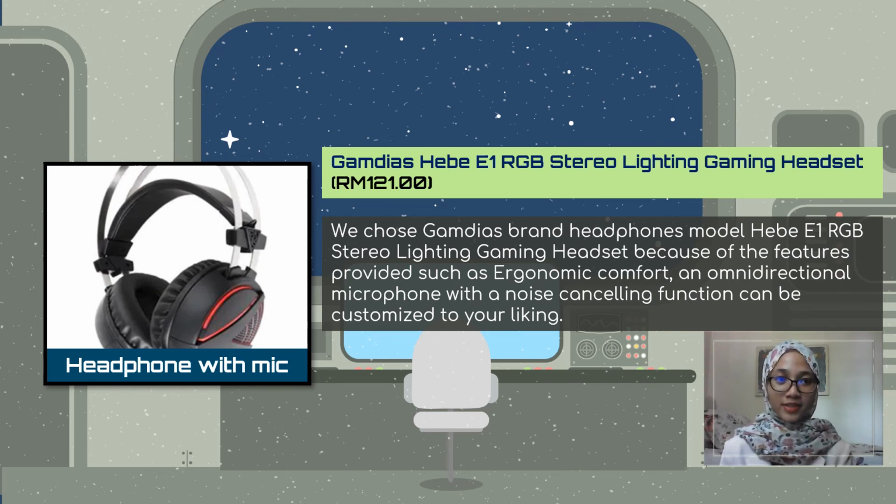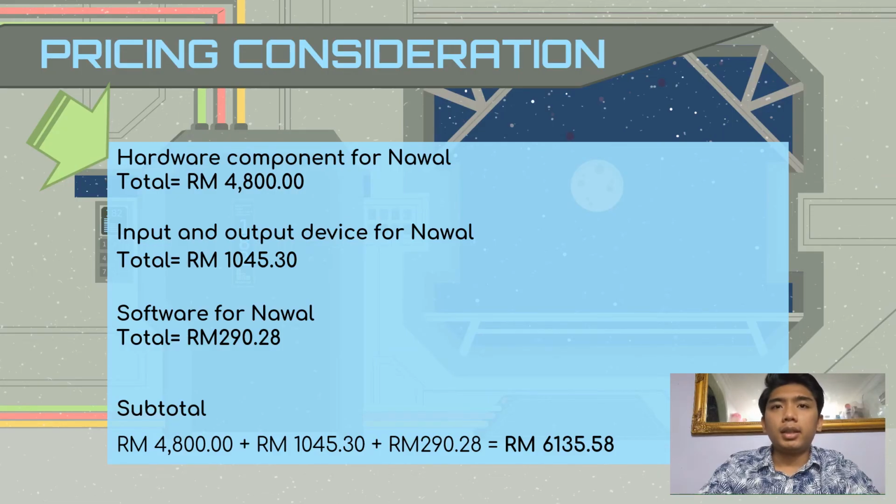Okay, for the pricing consideration, the first one is hardware component for Nawal, which the total is 4,800 ringgit Malaysia. And for the input and output device for Nawal, the total is 1,045 ringgit 30 cents.